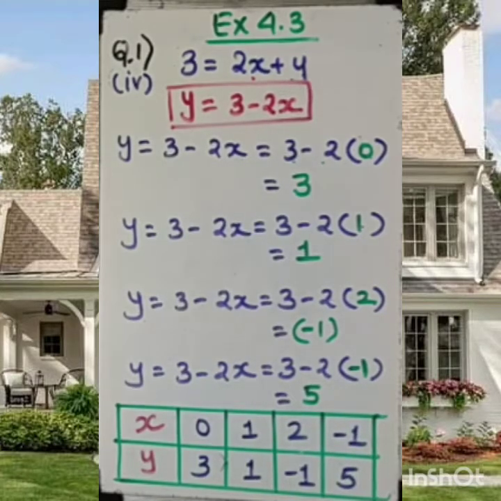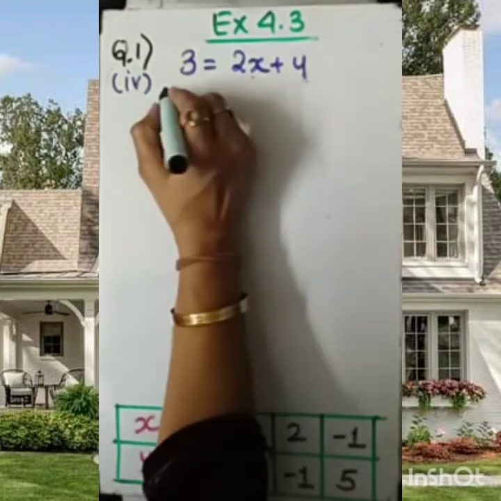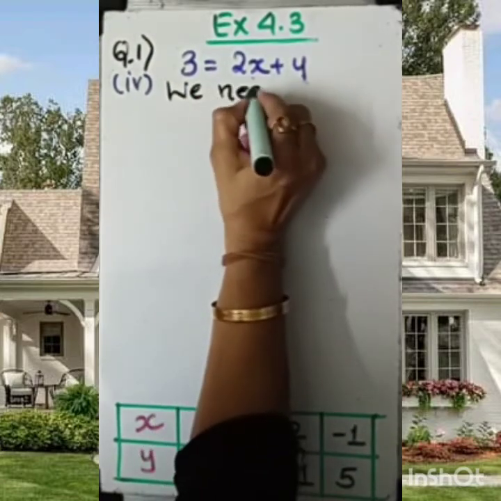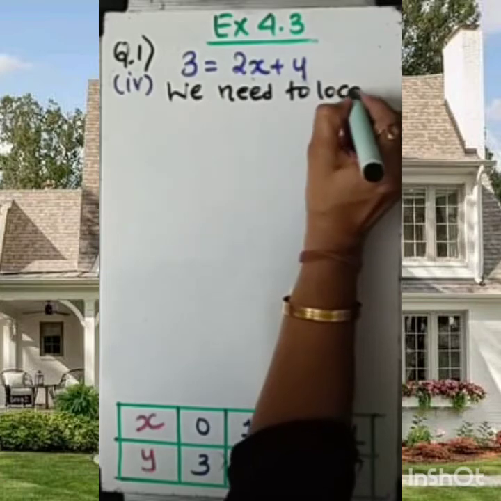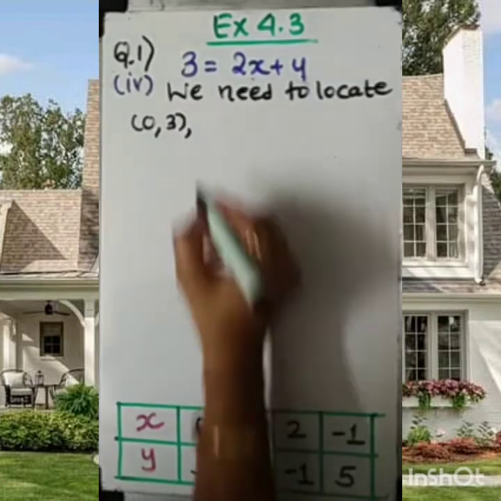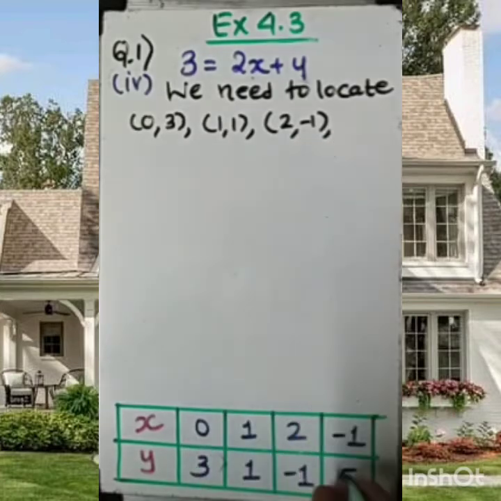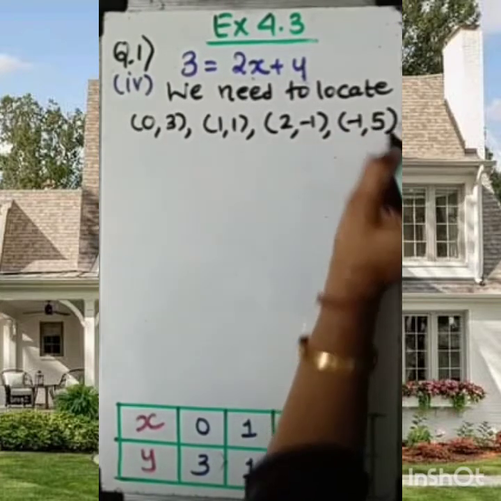So dear student, this is the tabular form: 0, 3, 1, 1, 2, -1, -1, 5. We need to locate these on a graph paper.